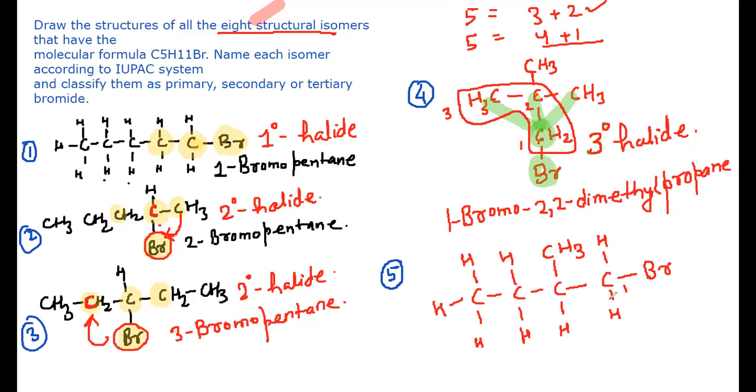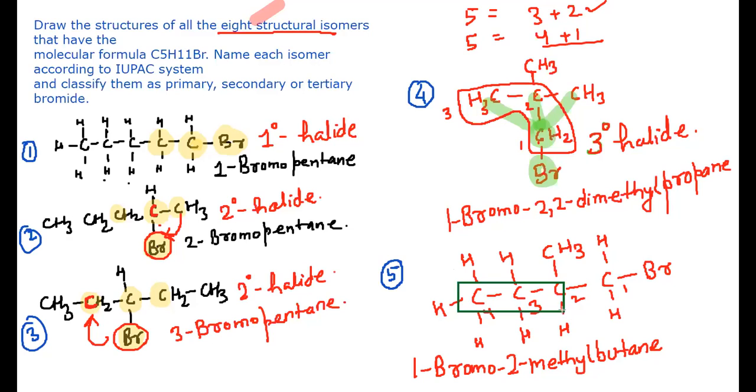So its name will be, starting from 1, 2, 3, 4, 1 bromo, 2 methyl butane, because the longest chain is of butane.